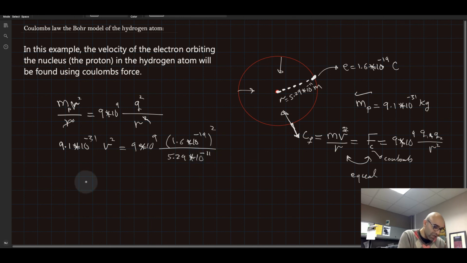Doing some calculations, you can find out that the velocity of the electron is equal to 2.19 times 10 to the power 6 meters per second.